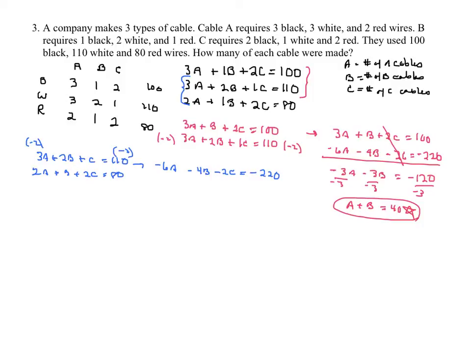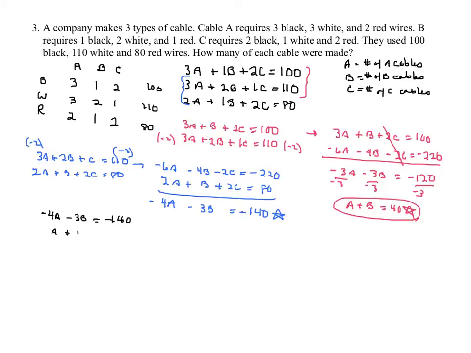And then I'll get 2A plus B plus 2C equals 80. So I'll get negative 4A minus 3B is equal to negative 140. And then I'm going to put this blue star and this red star together. So negative 4A minus 3B is equal to negative 140.